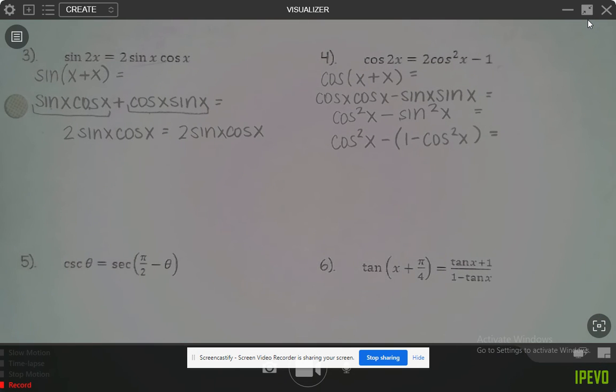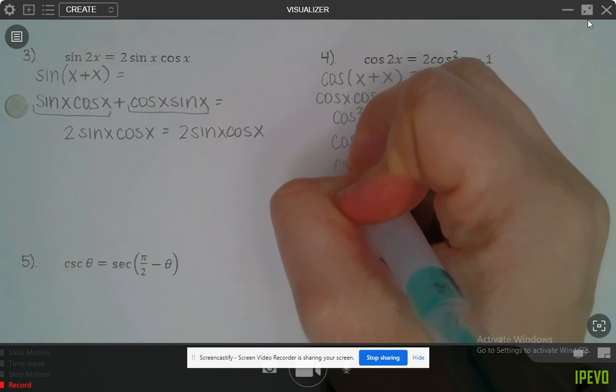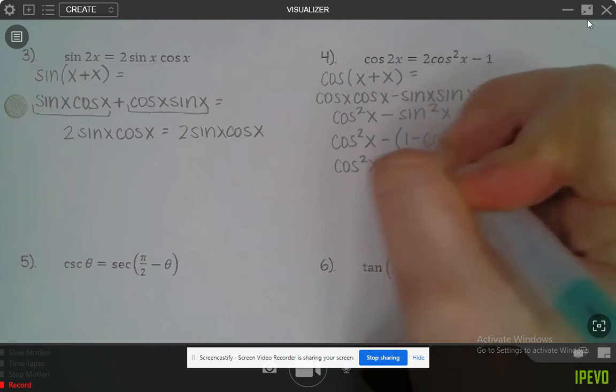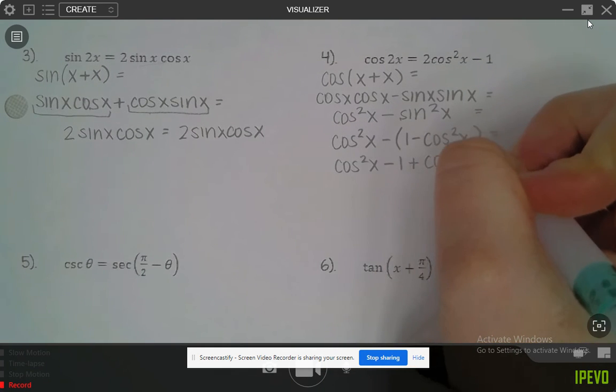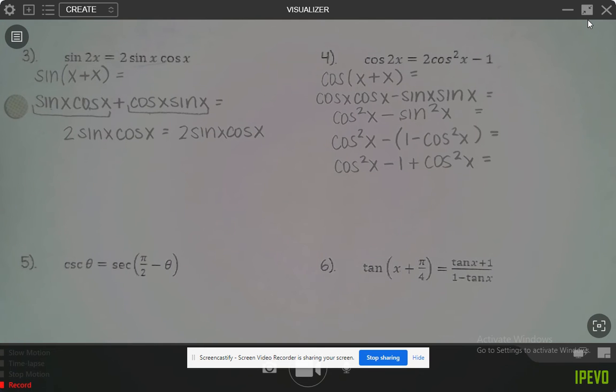What would I suggest you do from here? Simple algebra. This is an algebra step. Distribute the negative. So I have cosine squared of x minus 1 plus cosine squared of x. Agree or disagree? Yeah? Does anybody notice anything? What are like terms? How many do I have?